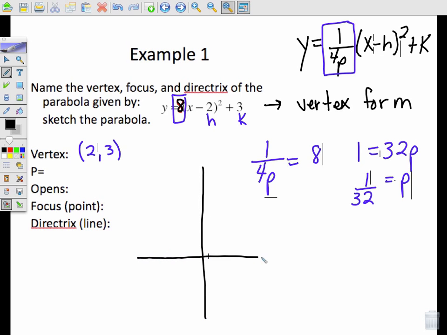Here's where my graph would be. I'm going to put it right here. My vertex is 2, 3, so 1, 2, up 3. Because my 8 is positive, it's going to open up.